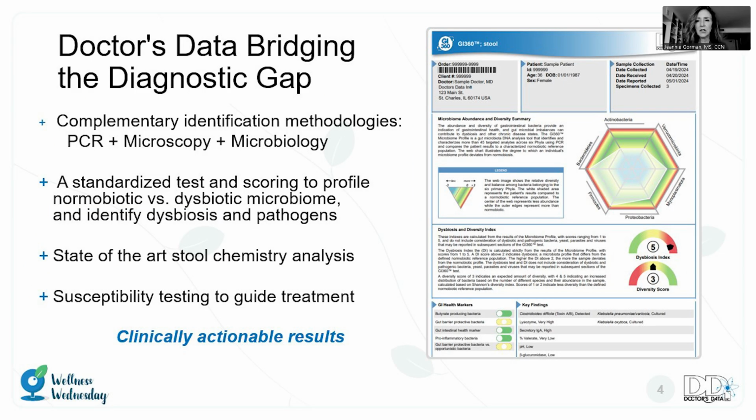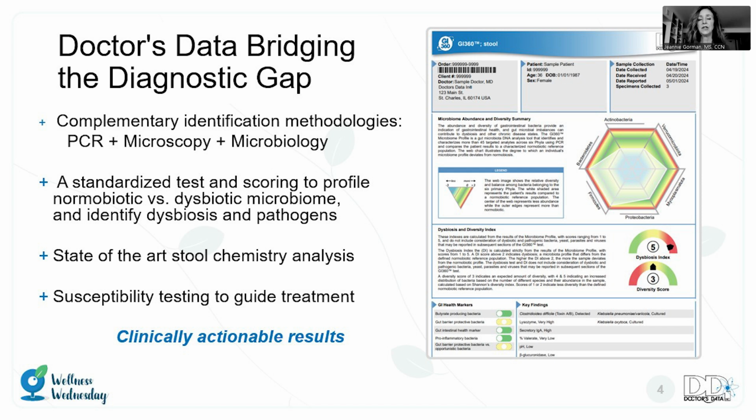Okay. So if you have not seen a GI360 before, this is the presentation page, the first page of the test. What we are offering in the GI360 is bridging the diagnostic gap here. We're offering complementary identification methodologies, PCR, microscopy, and microbiology to identify pathogens, and to identify a dysbiotic gut versus a normal biotic gut.